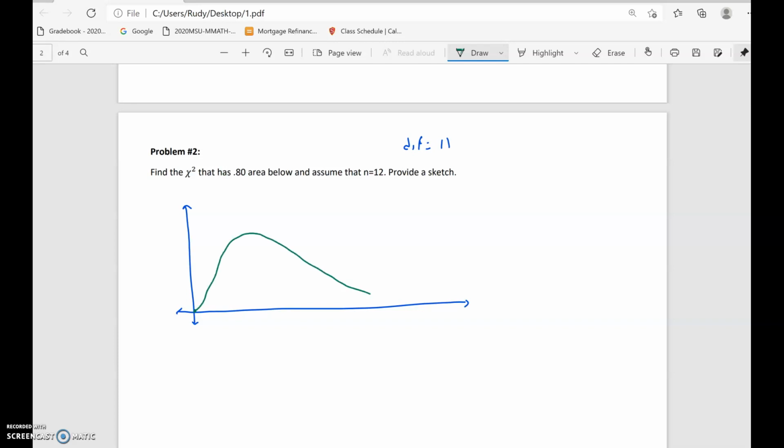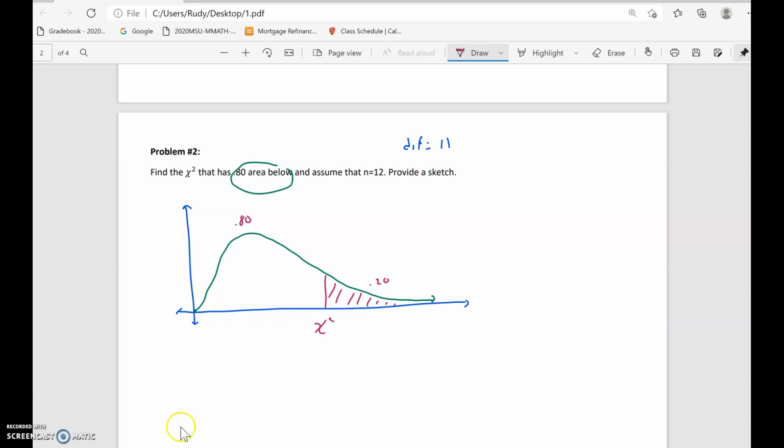You have 0.80 below. So that means that this specific chi-square value is going to be out here, and it's going to have technically 0.20 above. And that is your 0.80 below. I'm just shading the region that we would be looking at on the table so that it's easier.